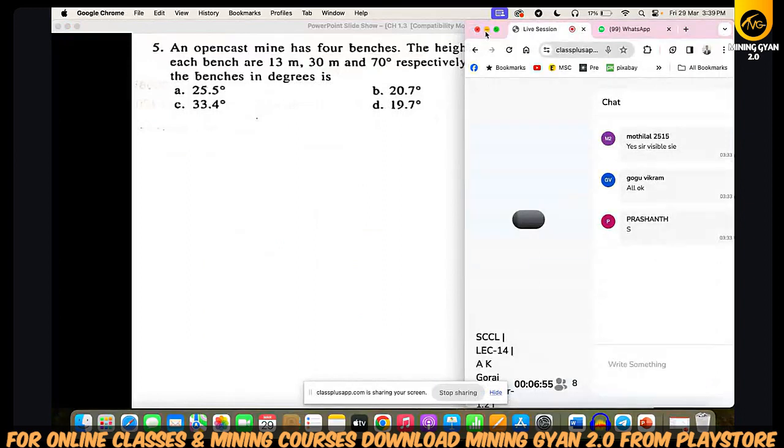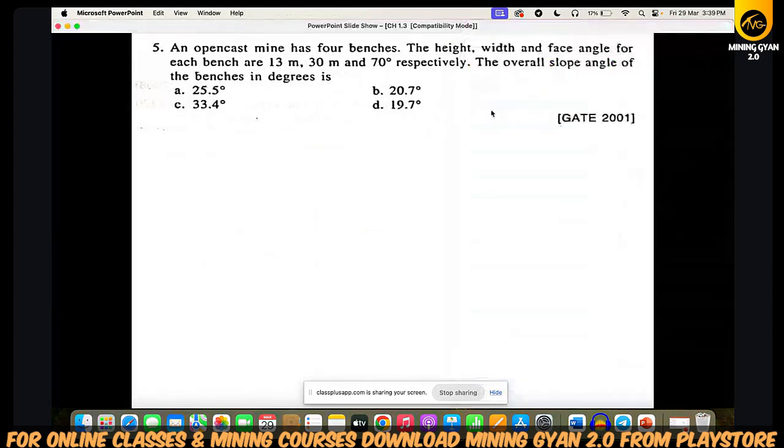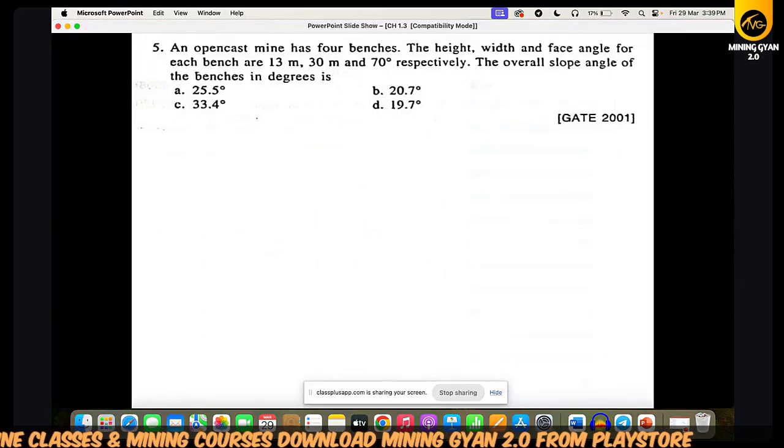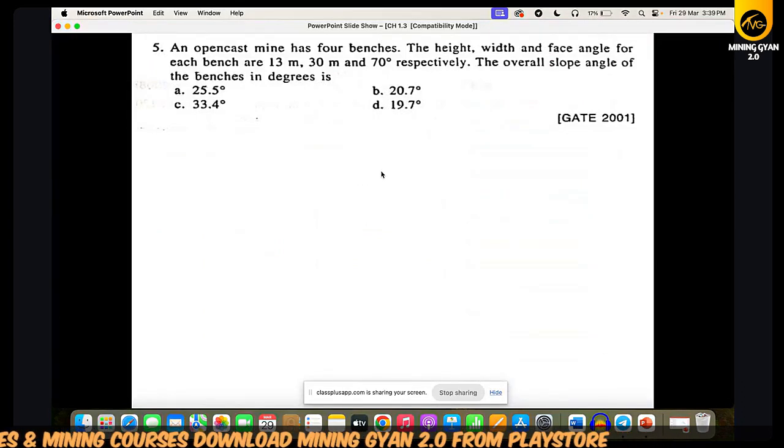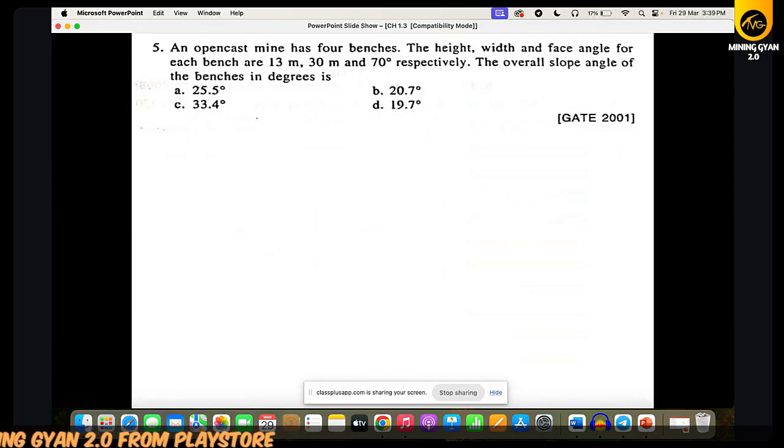Please try. You have approximately 1 minute to solve this question, and please give your answer. You will need only tan 70. I will give you the value of tan 70, because in the GATE examination they provide the calculator, but in your examination they will not provide it.